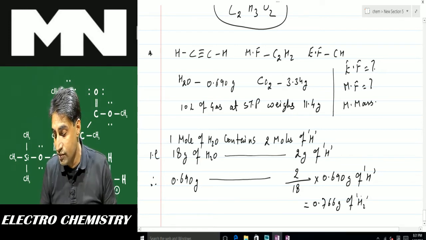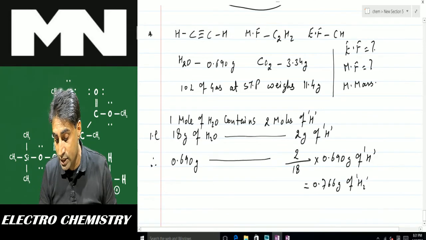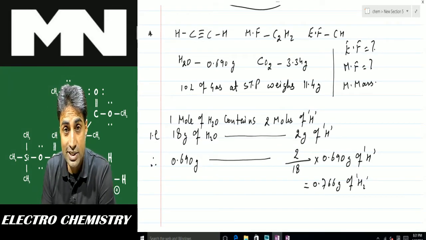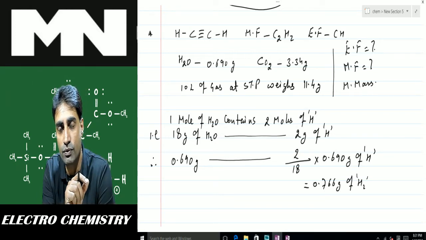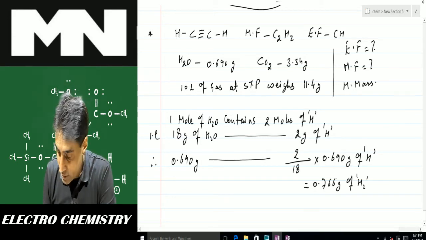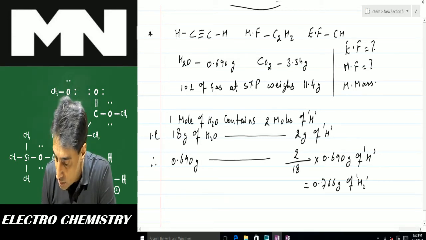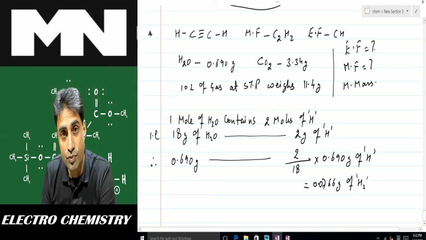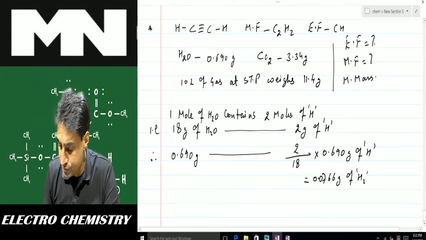So this is the mass of hydrogen which I have got in 0.690 grams of water. So 0.690 grams of water, which I am getting by burning that small sample of welding fuel gas, actually contains 0.0766 grams of hydrogen. So this is the mass of hydrogen I have got.